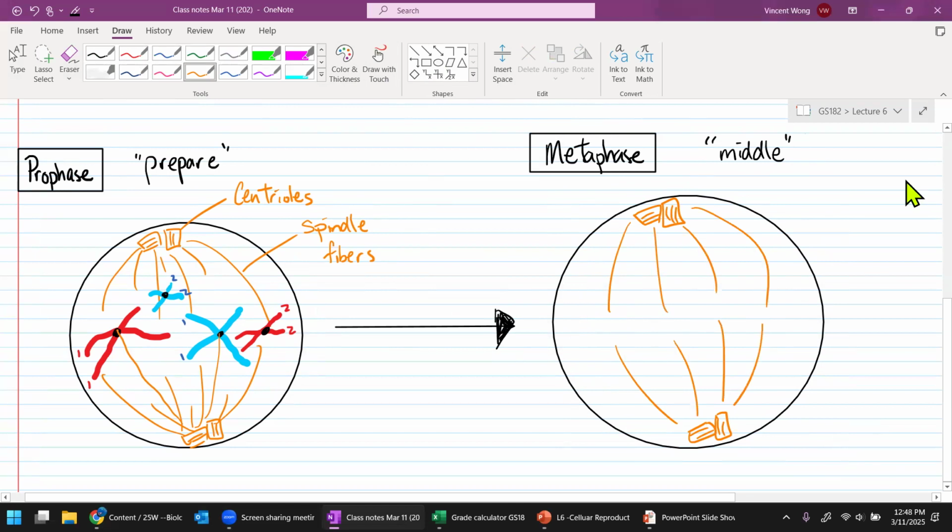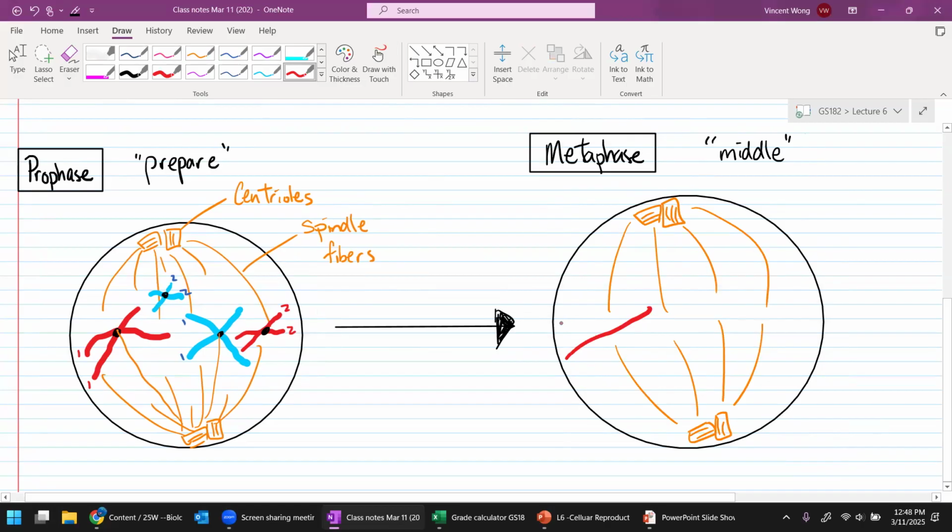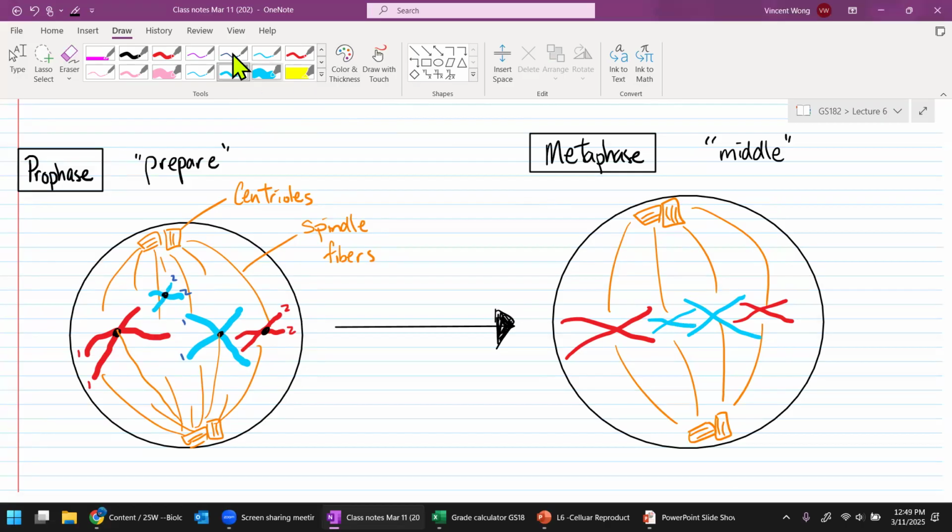You know, the rope, and people are trying to pull, back and forth. That causes the chromosomes to move one way and then the other. And then eventually they will all line up in the middle of the cell. So metaphase, middle of the cell.